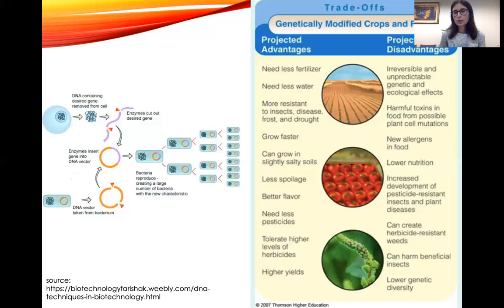a plant requires less water to grow, you can take that particular gene and put it into a vector, which is mostly bacteria, because bacteria have a plasmid, and insert it into that plasmid, allowing that bacteria to grow and multiply at a faster rate. As we know, bacteria have, in 6 to 8 hours, a log phase where they're multiplying several times.